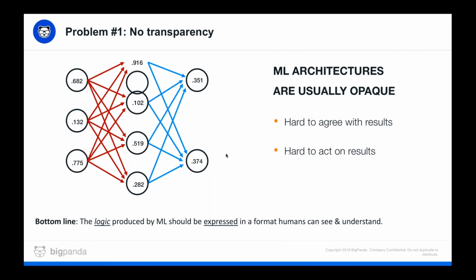So the bottom line is that when you pick a tool that uses machine learning to help your NOC, we strongly recommend that you pick a tool that produces logic that's expressed in simple, plain English and in a format that humans can see and understand.